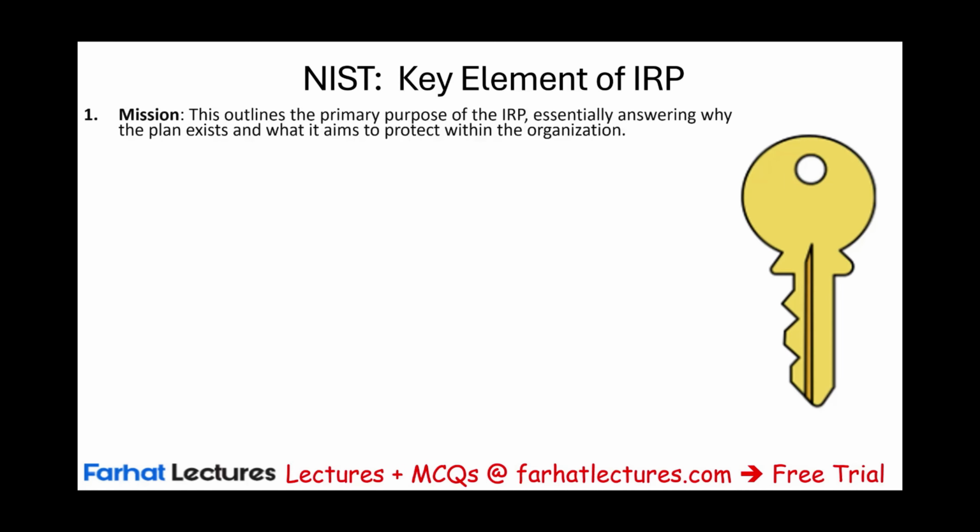What's a mission? Purpose of the plan. Why are we outlining this plan? Obviously, answering why the plan exists and what it aims to protect within the organization. It aims to protect the assets of the organization, the data, the IT system, PII, proprietary information. We're trying to protect all of those and respond to a cyber attack.